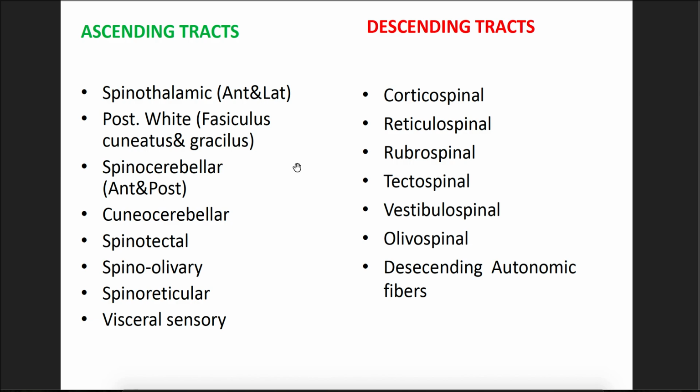Then you have two tracts which are present in the posterior white column called fasciculus cuneatus and fasciculus gracilis. Fasciculus cuneatus has to do with conscious proprioception concerned with the upper part of the body, like the thorax and the upper limb. And fasciculus gracilis is conscious proprioception for the lower part of the body.